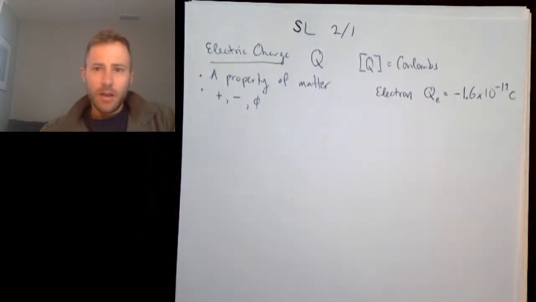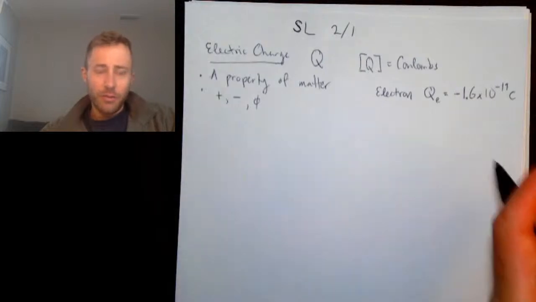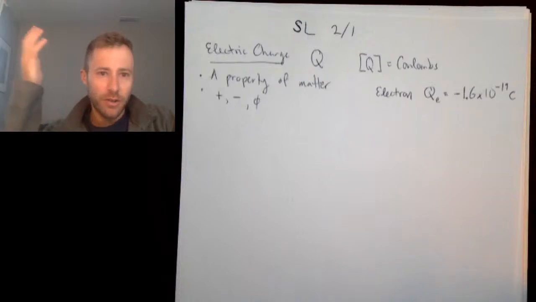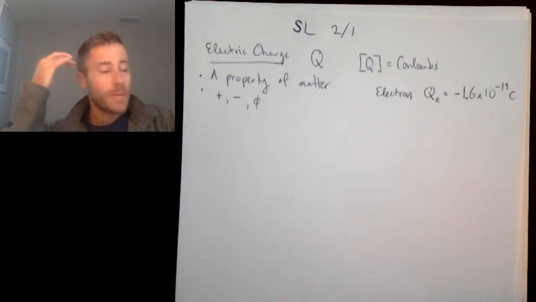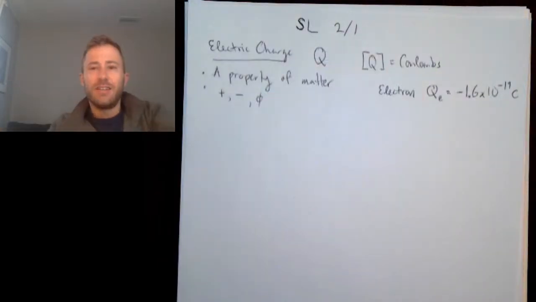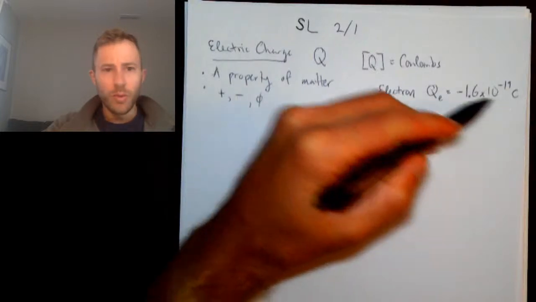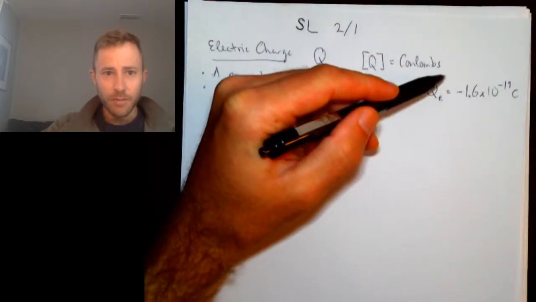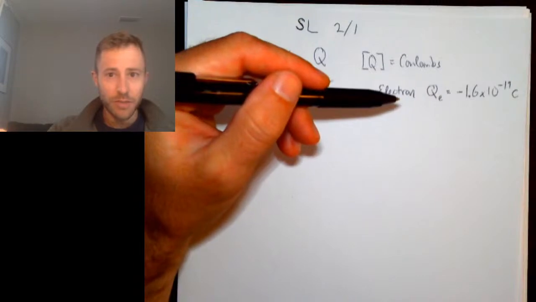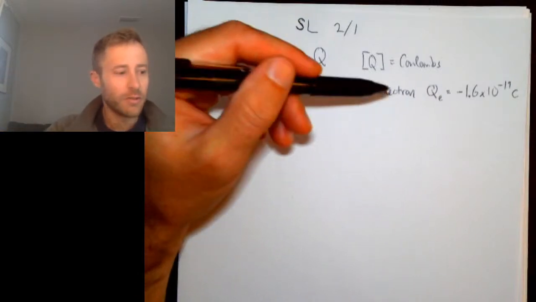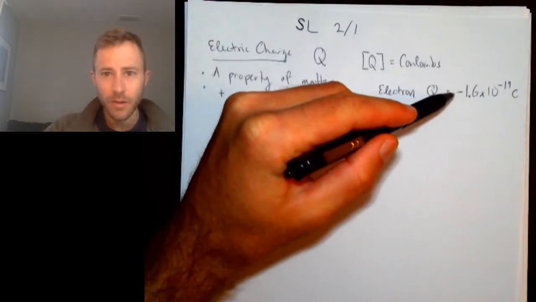Okay? And so that's a very small amount. To have 1 coulomb of electric charge is actually a huge, huge amount of electric charge. An electron has a tiny negative amount of charge. And we believe that this is the fundamental amount of charge, meaning that you can't have less than this amount, okay?